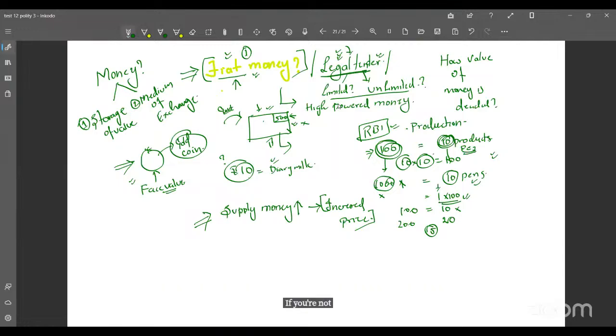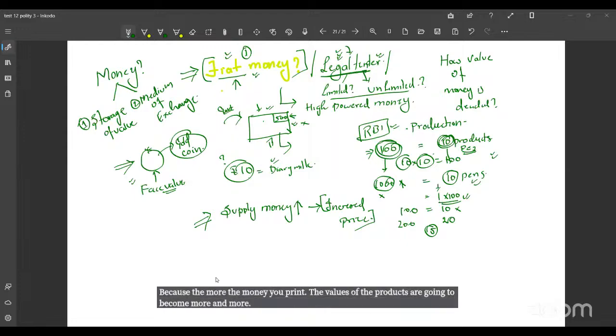If you're not understanding, let me know. I'll give you another example. If I give you another example, it will be more clear. புரிஞ்சுதா ஏன் நீங்க வந்து ரேண்டமா பணம் பிரிண்ட் பண்ண முடியாதுன்னு சொல்லிட்டு? அப்படி இருக்கும் போது money cannot be printed as per your wish, because the more the money you print, the values of the products are going to become more and more.